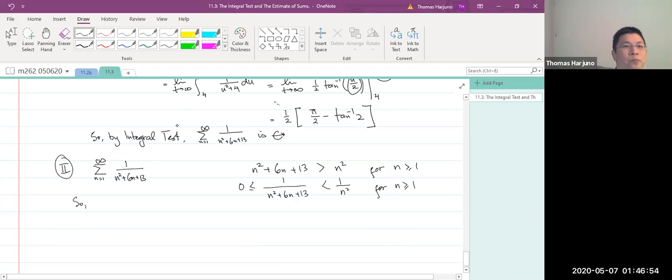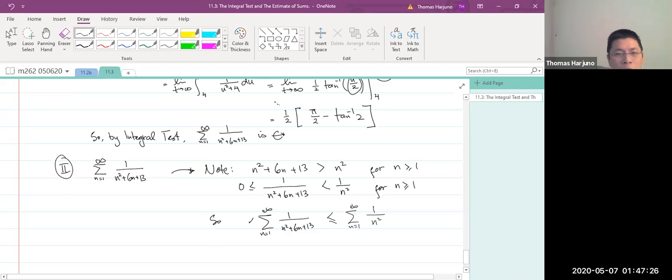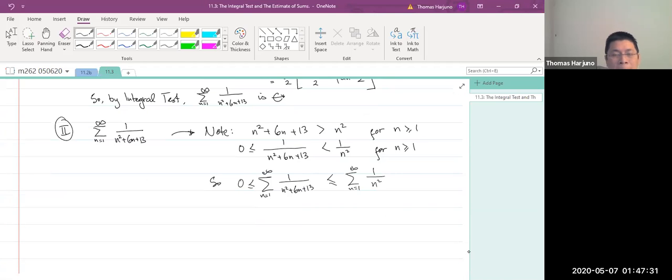After I show that, maybe I say it this way. From there, note that the summation of that series is less than or equal to the summation of 1 over n squared. I use the equal sign here just to keep myself safe, but at the same time, I also know that it's non-negative.